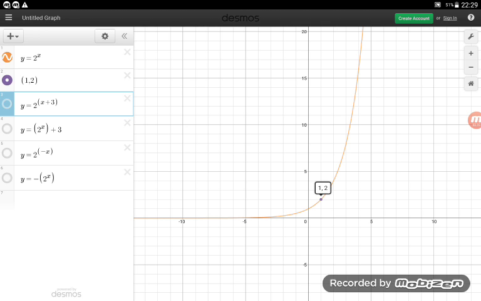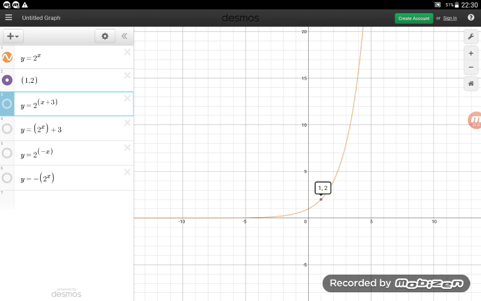If you add a 3 to the x, then is the new graph going to be on the left of the orange graph, or on the right of the orange graph?